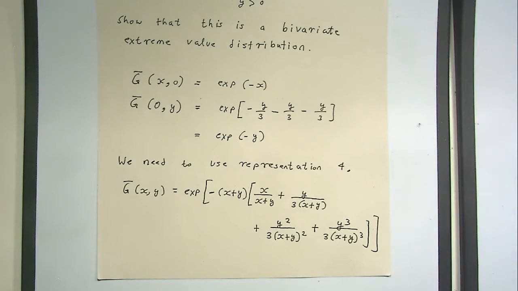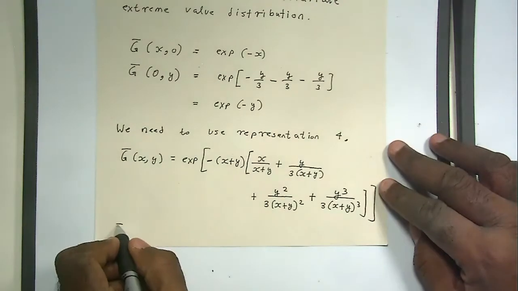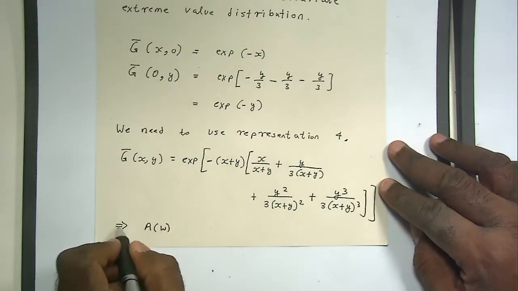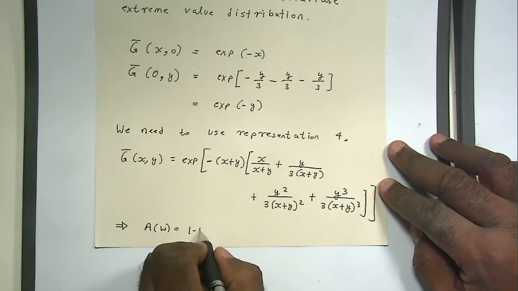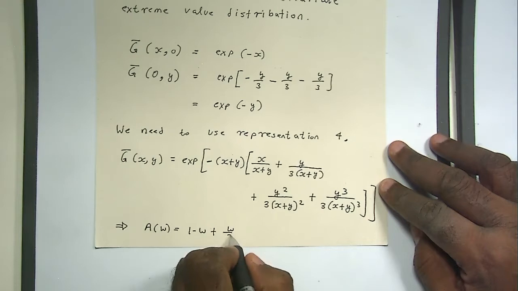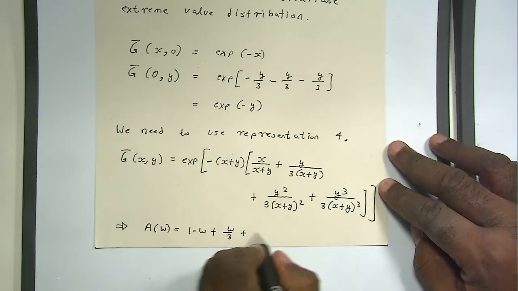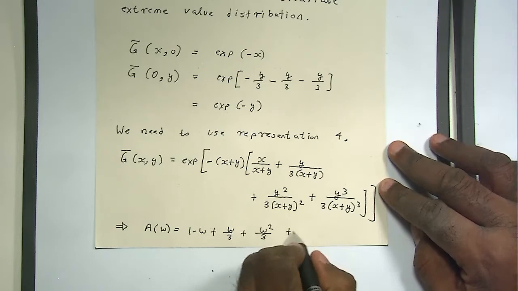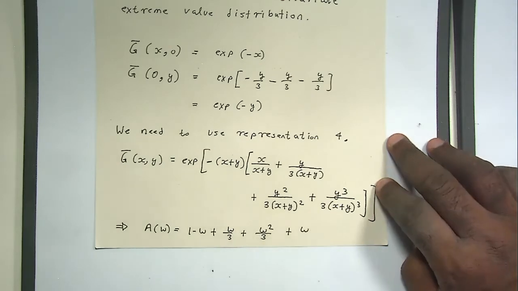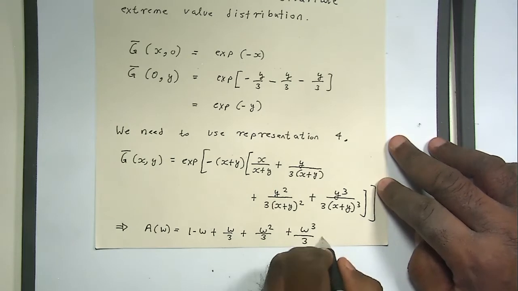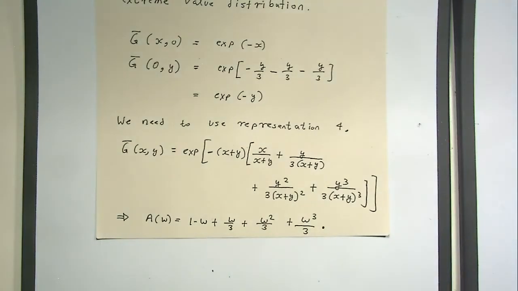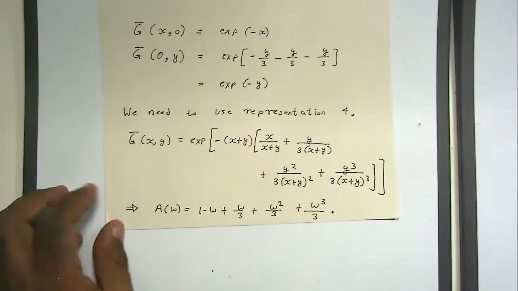So this implies that your A of omega is equal to 1 minus omega plus... You guys okay? Okay, so this is your A of omega. So it's 1 minus omega plus omega over 3 plus omega squared over 3 plus omega cubed over 3, right?